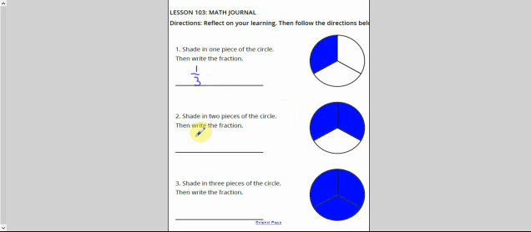In here it will be 2 out of 3, 2/3, and in here it will be 3 out of 3, and again the numerator and the denominator are equal, so it equals 1, which is 1 whole. Okay, 3 out of 3 equals 1 whole.